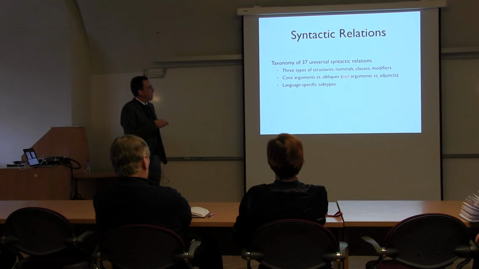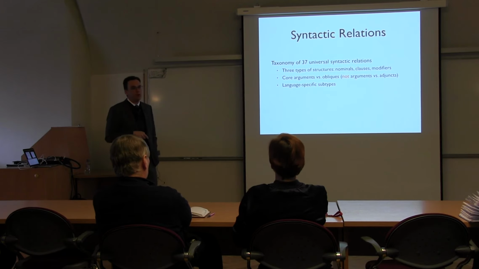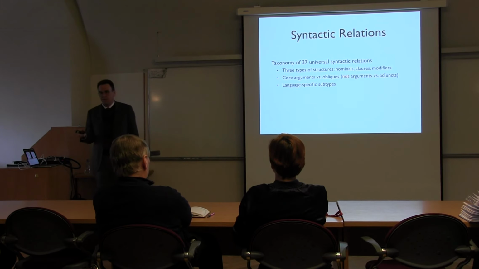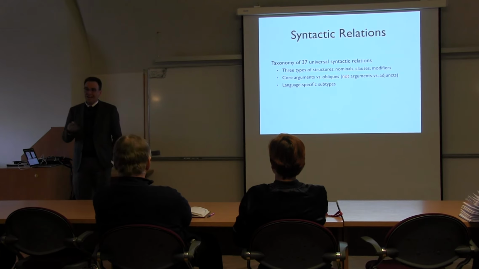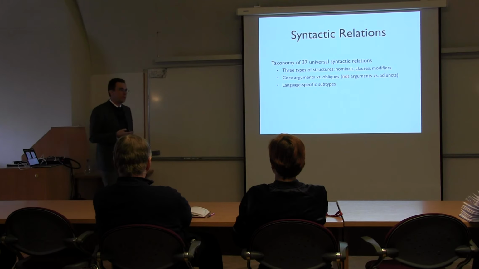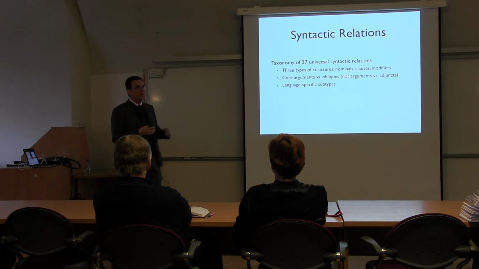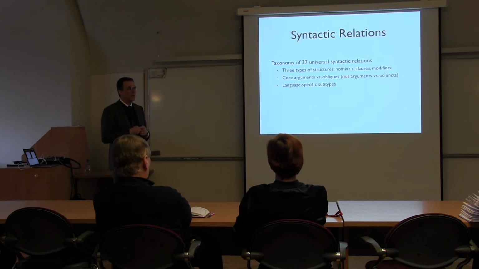And then we expect to find various types of modifier words, like adjectives and adverbs and so on, which can take dependents of their own, but which typically do not give rise to the rich kind of structures that we find in noun phrases and clauses. So that's the one sort of division.